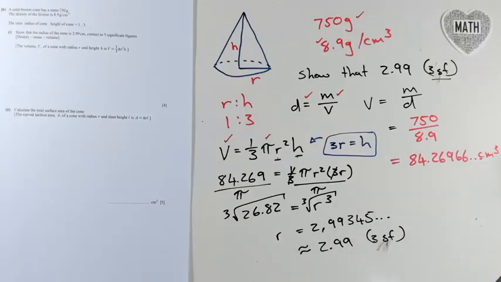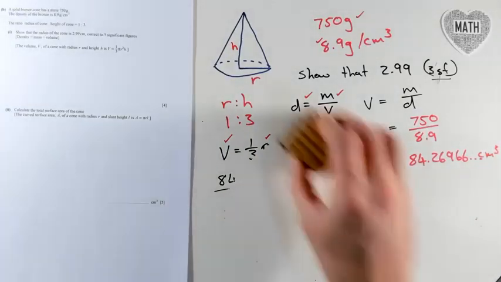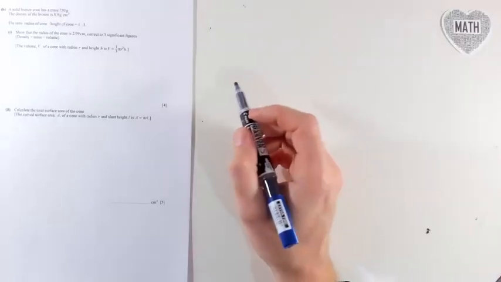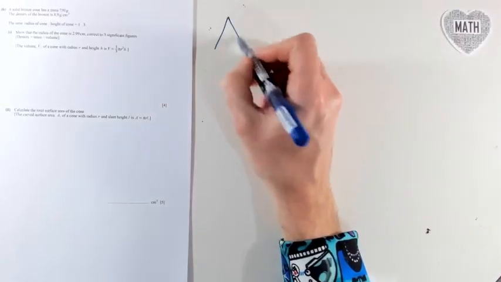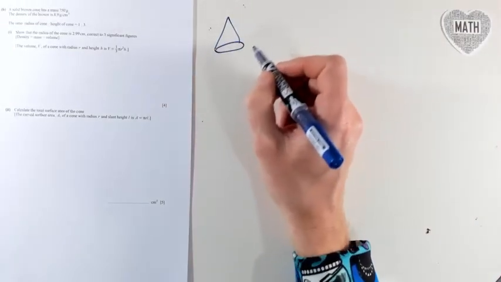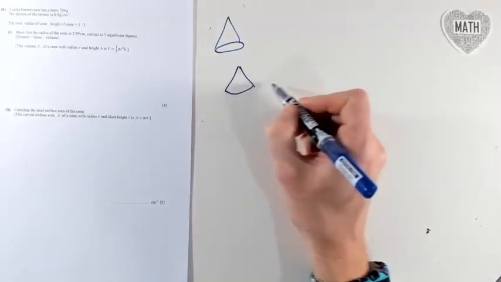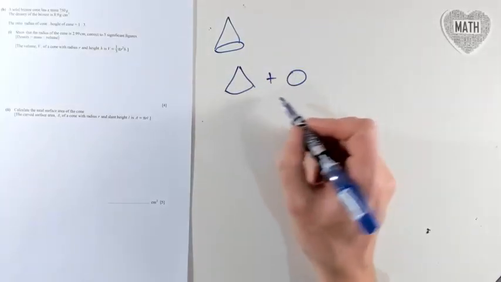The second part of the question was just calculating the surface area. So let's just rub this off and work out the surface area. And it should be straightforward. Let's go. So for the surface area of a cone, I'll draw the cone again here. There's going to be 2 parts. It's going to be the curved part, plus the circle.